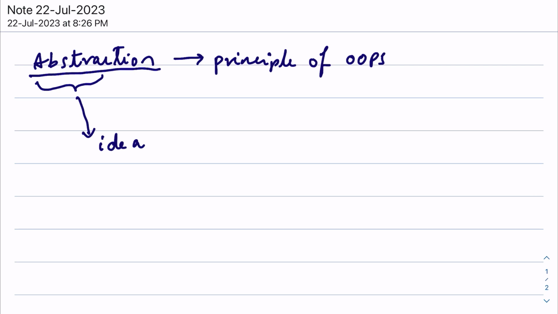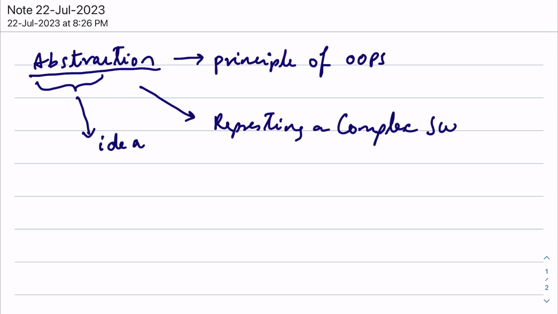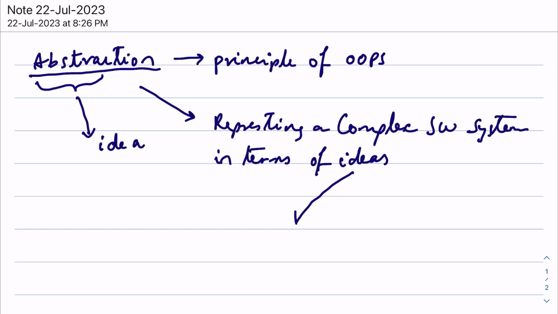If you need to define abstraction, it would be something like this: representing a complex software system in terms of ideas. So what are these ideas? Ideas can be two things.